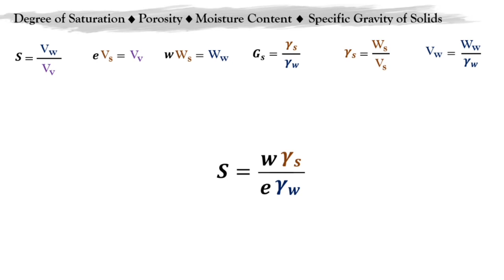So I will remove this and replace it with the specific gravity of the soil solids, so that the relation between these four parameters or properties, degree of saturation, porosity, moisture content, and specific gravity of the soil solids, can be expressed as S e is equal to w Gs. So that is the third formula we have derived using the basic ratios.